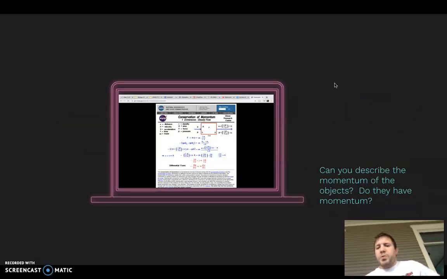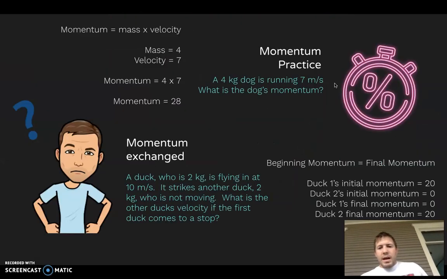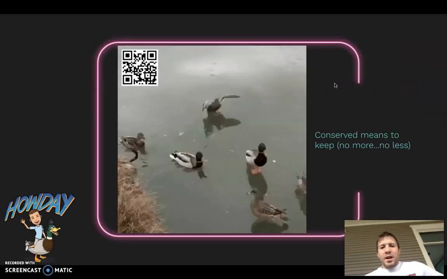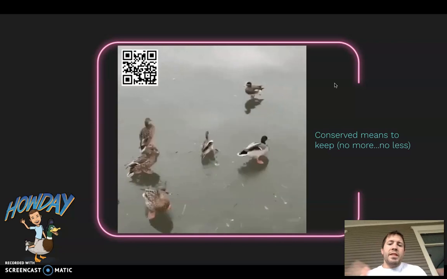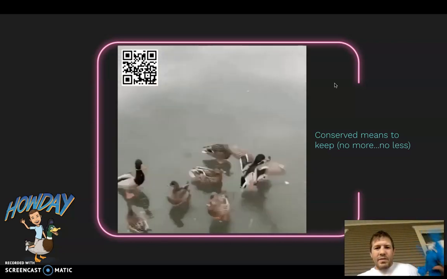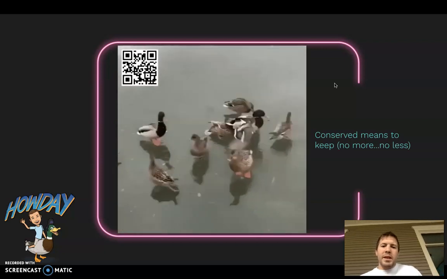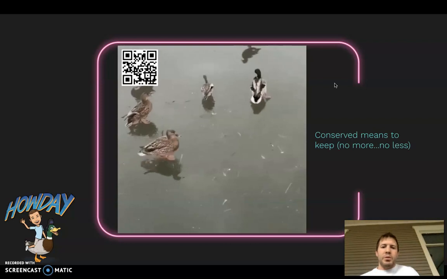So can you describe the momentum of just any objects? Do they have momentum? I think that we did that previously. If we go back to these ducks right here, these ducks were a great example of us seeing them colliding and hitting and sliding, and those are all qualitative measurements. We're describing what we see. But if we want to quantitatively describe what's happening, we should add numbers into them.